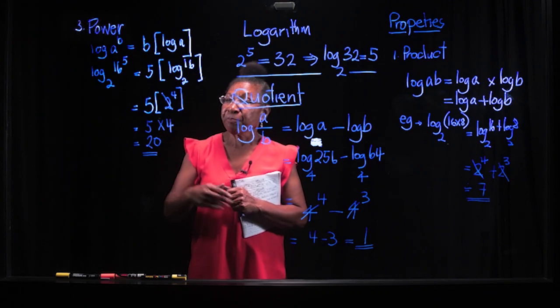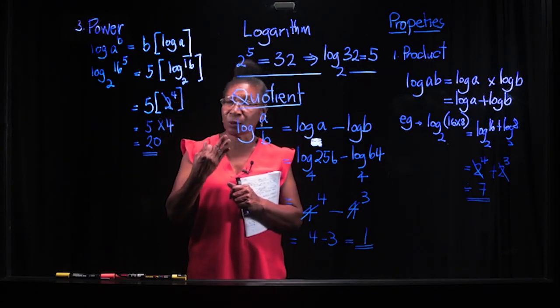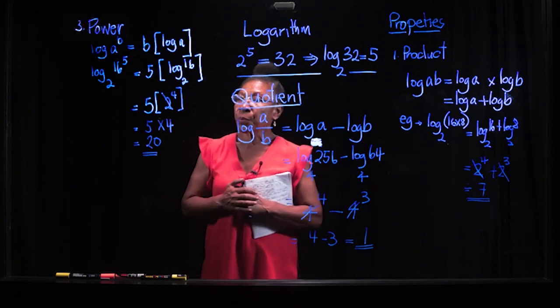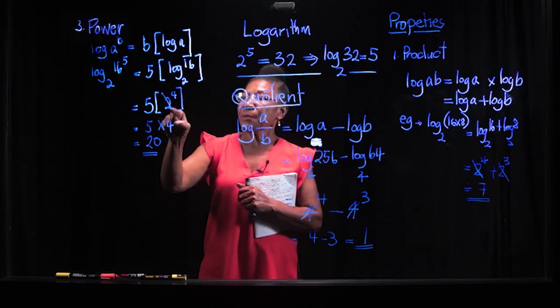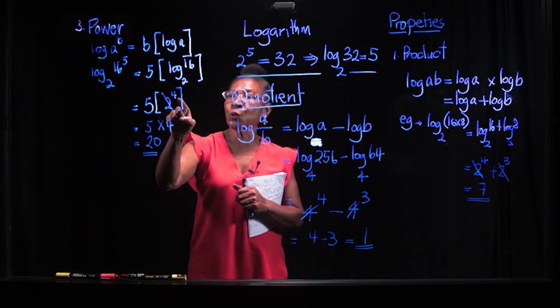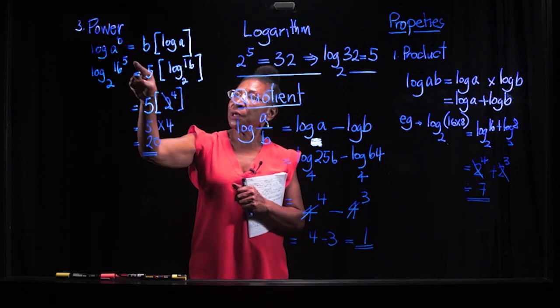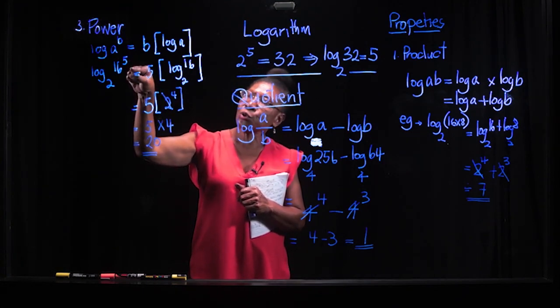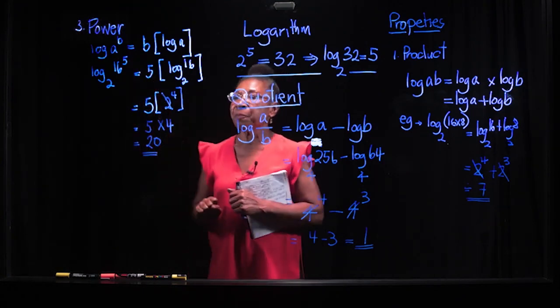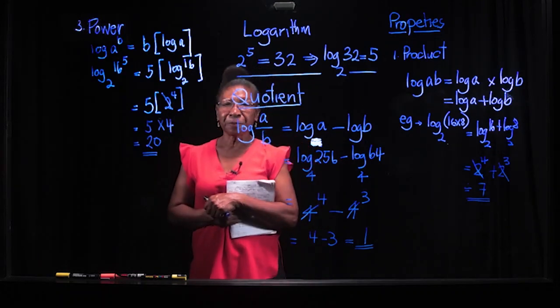In that case, we say it's 4. 2 times 2 is 4, times 2 is 8, times 2 is 16. Therefore, we eliminate the base 2, and we get the power of 2, and we multiply with the power 5, and we get the product 5 times 4 equals 20.